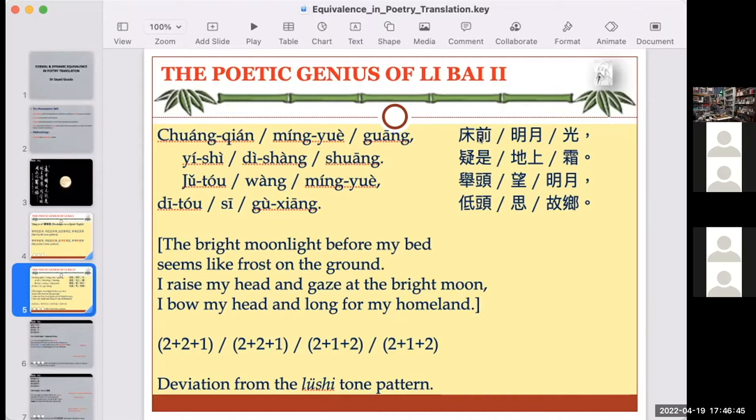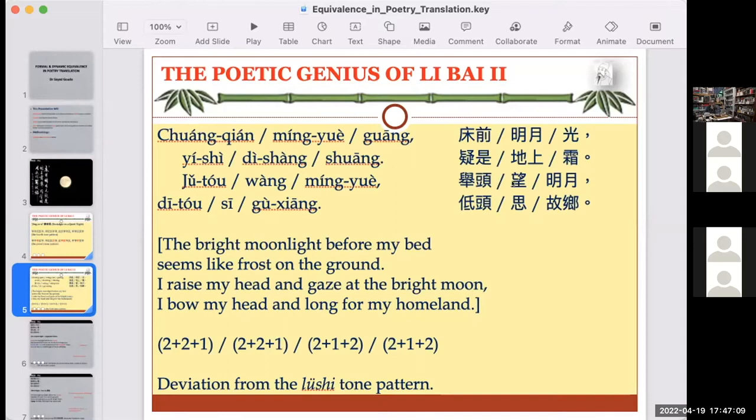Somebody might say, oh, I want Mingyue Guang together. So it's 2 and 3. Okay, it's up to you. Then Yi Shi, Di Shang, Shuang, the same rule. You may say Di Shang Shuang, you want to put them together, or you want to divide them. I prefer to divide them here.